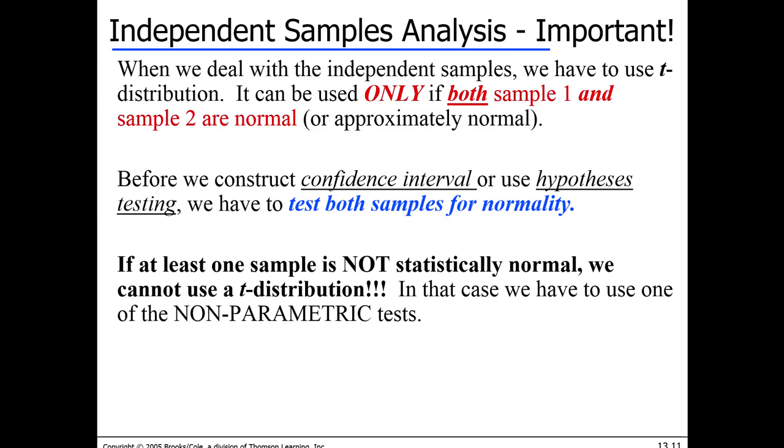If one of the samples does not pass the normality test, oopsie daisy, we cannot use a t-distribution. It can be that both samples are non-normal, very skewed or bimodal or trimodal or whatever they are, or that only one sample is normal and the other is not.